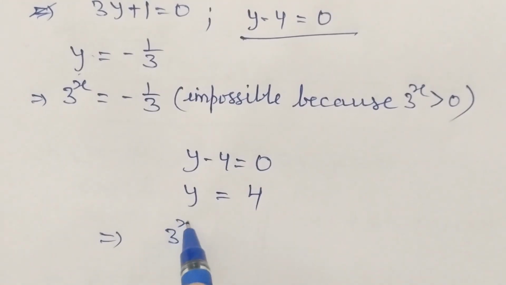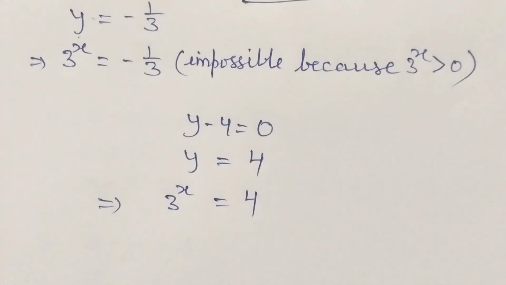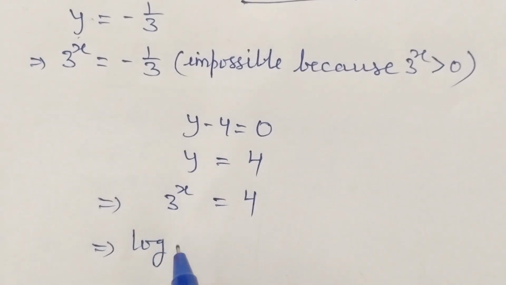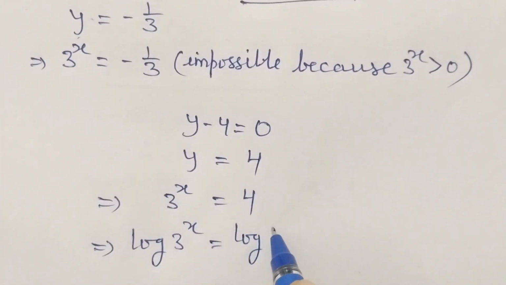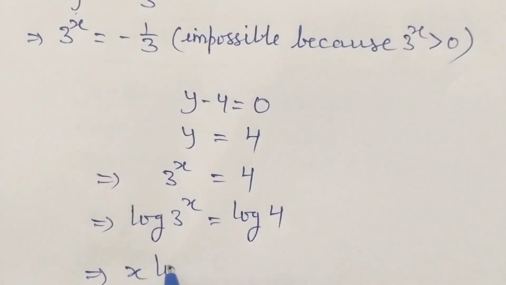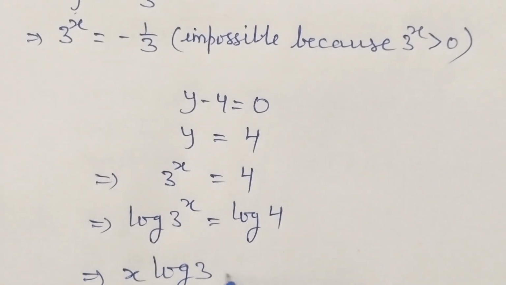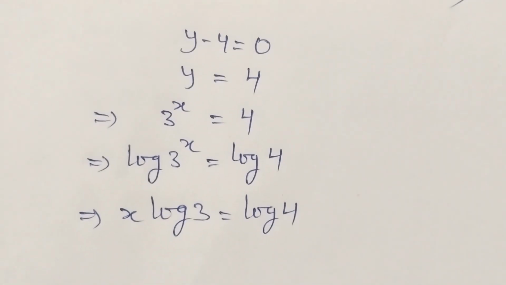3 to the power x is equal to 4. Now if we take log on both the sides, log of 3 to the power x is equal to log of 4, right? So x log of 3 is equal to log of 4.